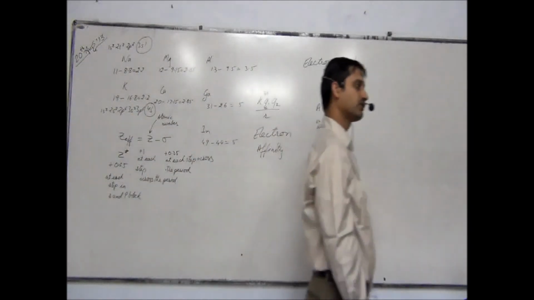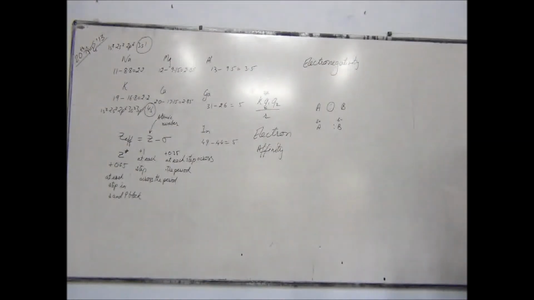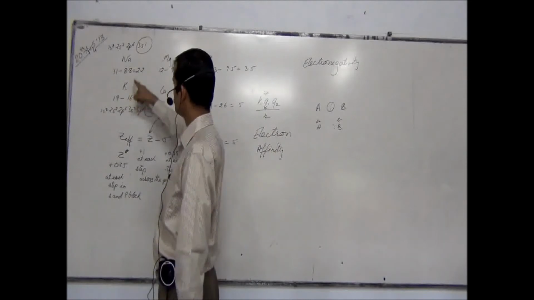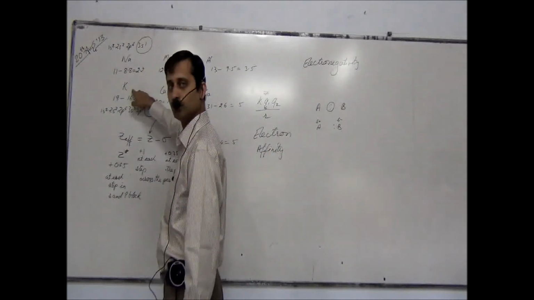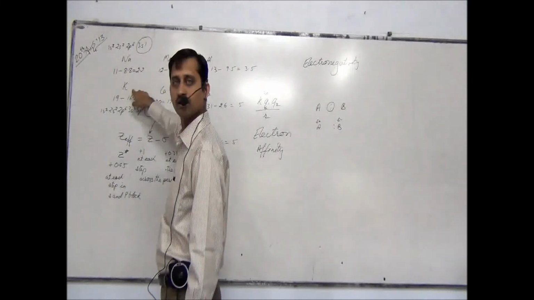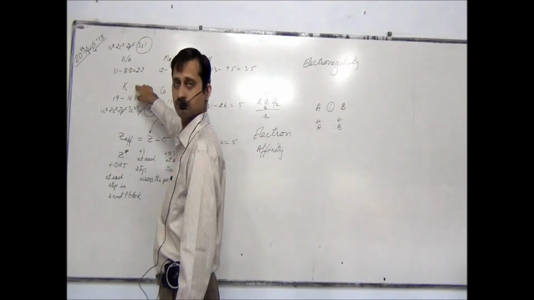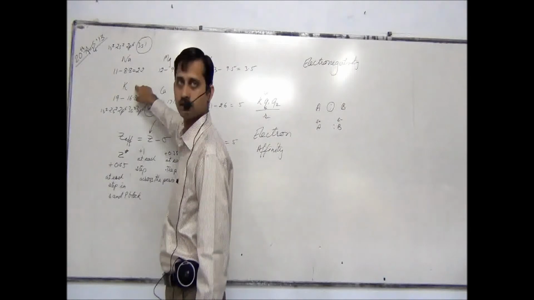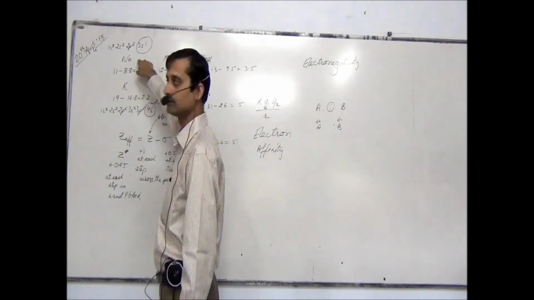An addition of an extra shell would mean the distance from the nucleus increases. And obviously, the actual effective nuclear charge depends on the distance from the nucleus. So even if, according to Slater's rule, sodium and potassium both get the same effective nuclear charge, in actual understanding, potassium has a lower effective nuclear charge than sodium.